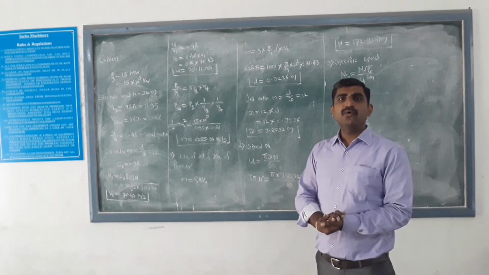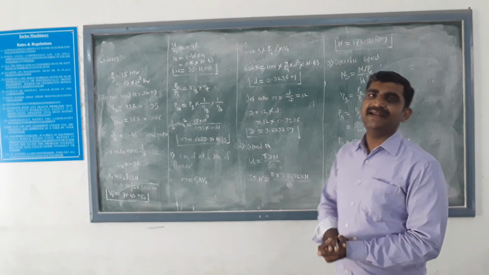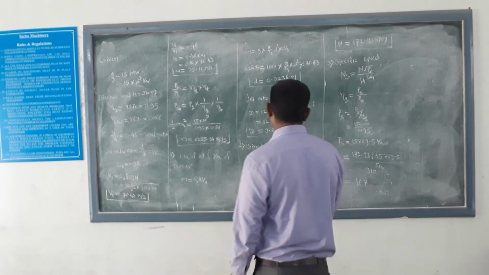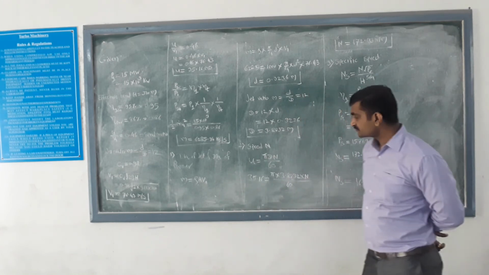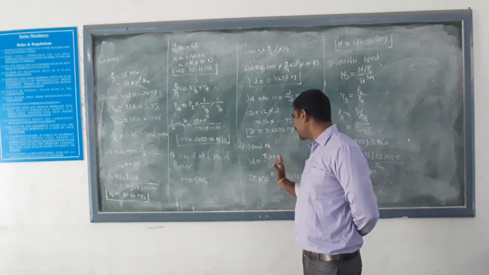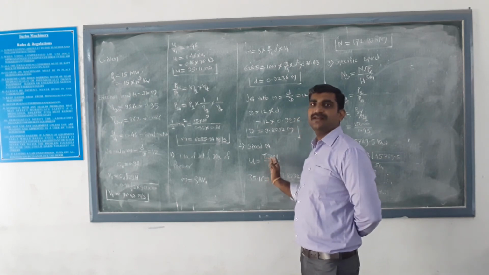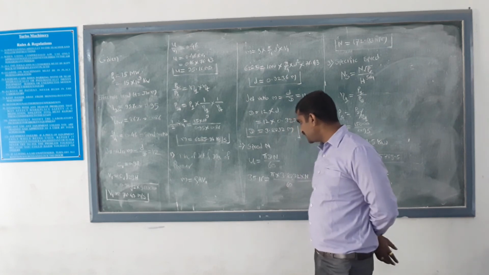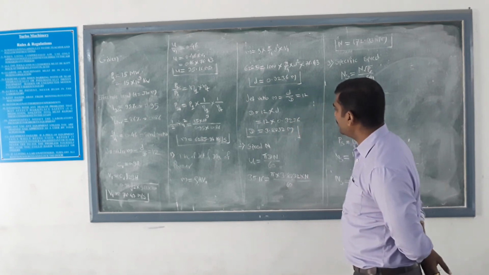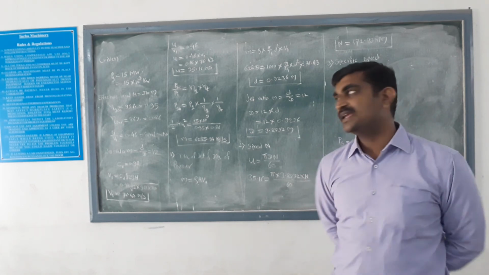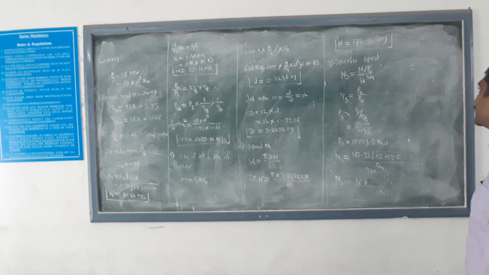We know U equal to pi D N by 60. From this equation we find N, because the only unknown is N; we know runner diameter and blade velocity. Speed equal to 172.93 rpm.